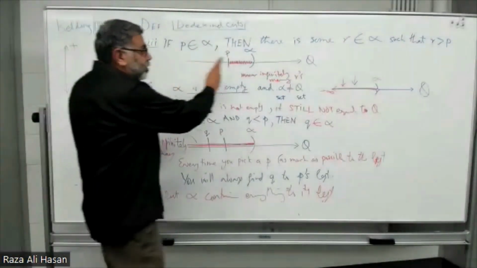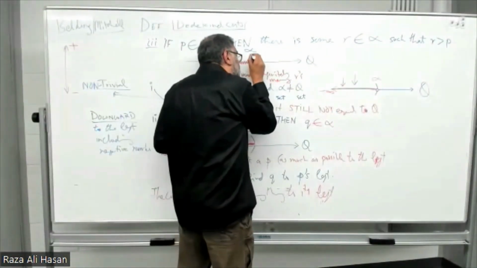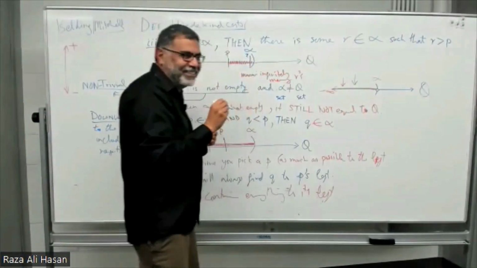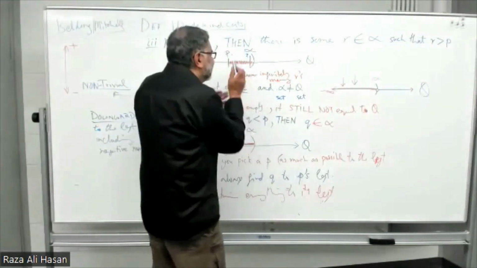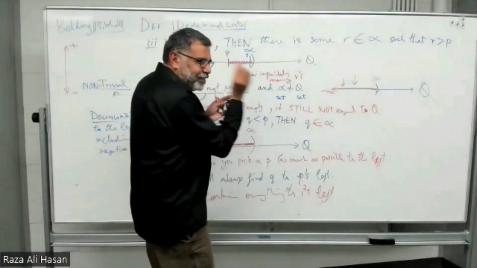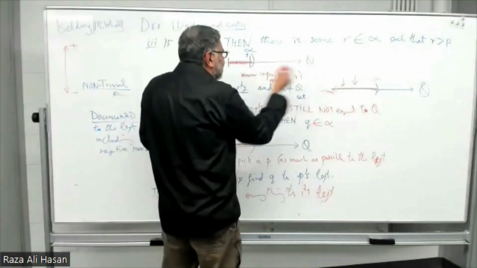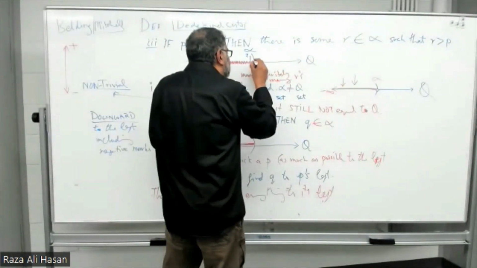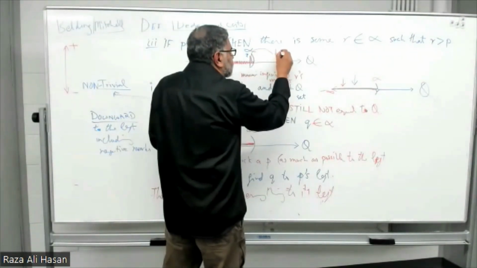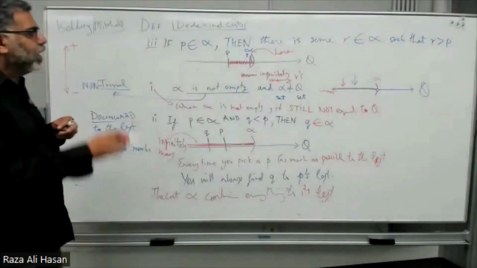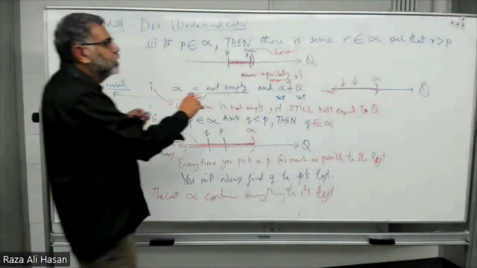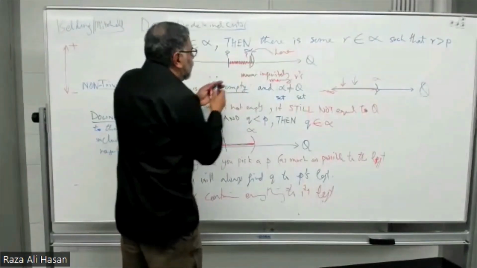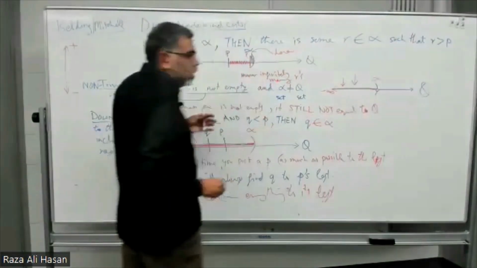So if I move P all the way to here, like Jerry Lewis, you know, the genius, the rational number line is just a teeny weeny bit. There are infinitely many here. So as soon as I find this is R, this is P, I'm going to find an R.